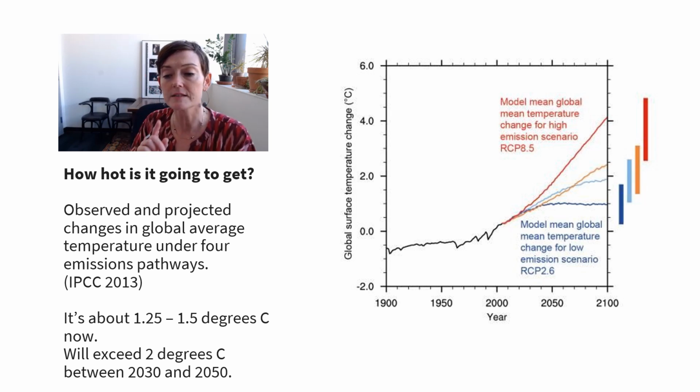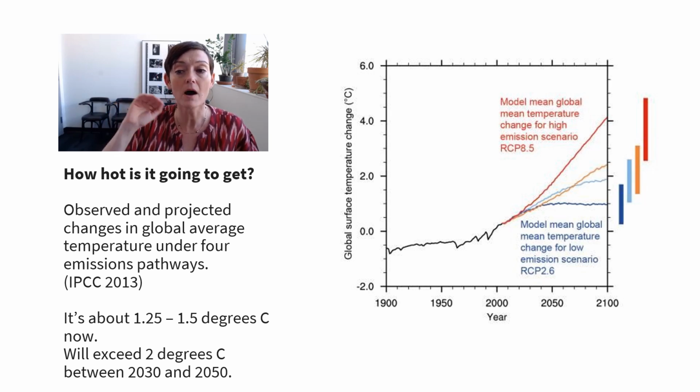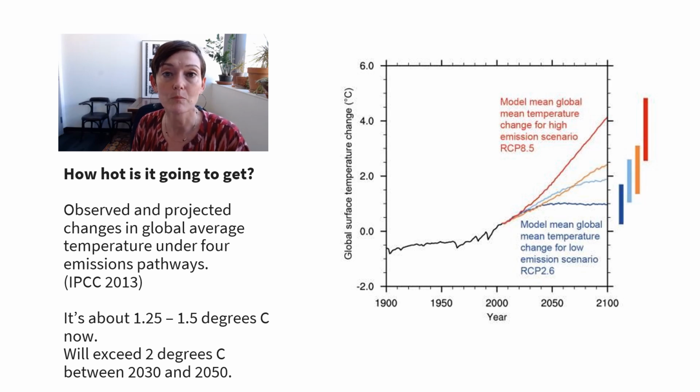But you can see that where we are right now is already not anywhere near how bad things can get going forward, where some models show us getting into even as high as 8.5 degrees Celsius, well beyond what we already are today. But right now we are definitely on track to get past 2 degrees Celsius between 2030 and 2050, so just around the corner.